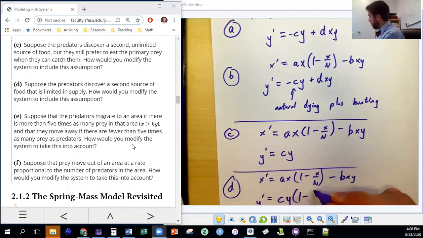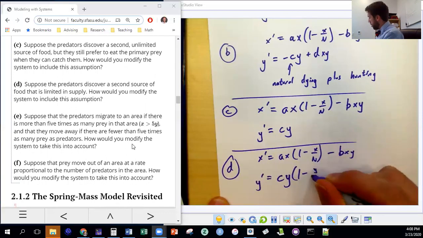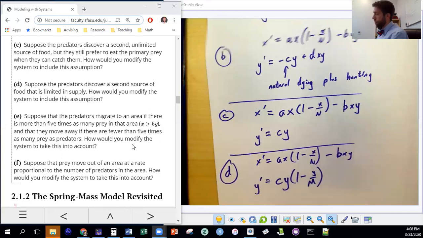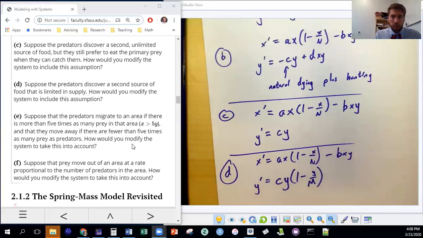Maybe capital M, y over M. So notice that in both C and D, there's really no prey animals coming into effect because the predator is getting enough food whether they catch this particular prey or not. So their population would not be affected by the number of prey. The number of prey is affected by the number of predators.